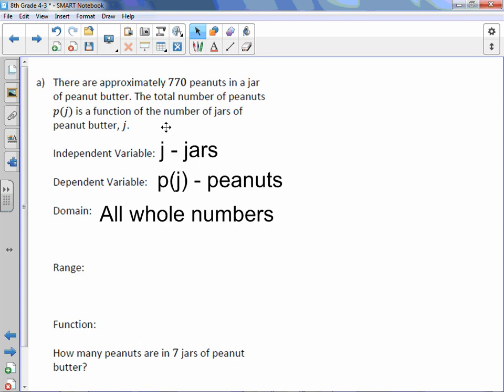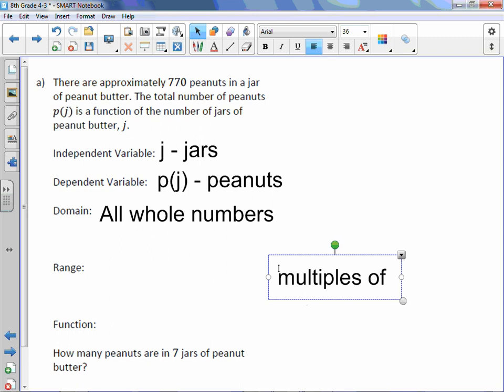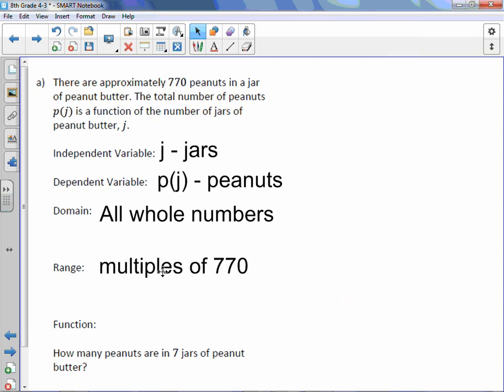If I have 1 jar, I have 770 peanuts. 2 jars, I have 770 times 2. 3 jars, 770 times 3. So really our range is going to be multiples of 770 because our domain has whole numbers. So our domain has whole numbers, which means our range must be a multiple of 770 in this case.